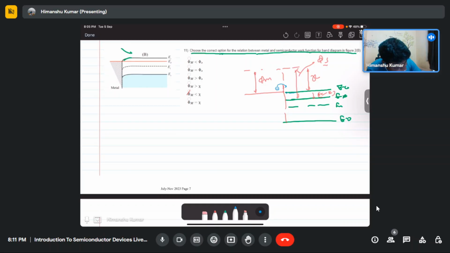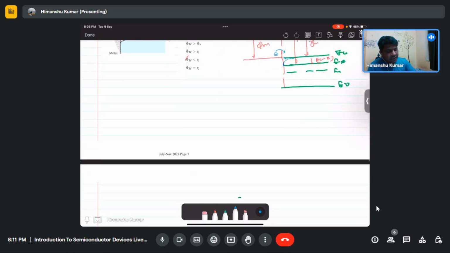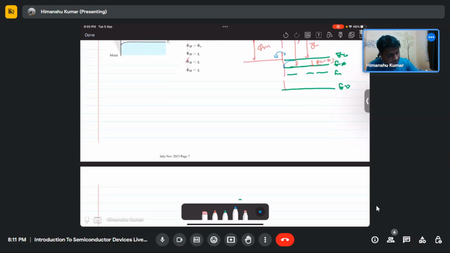The conduction band will move closer to the Fermi level. So the difference EC minus EF will become less and less, because as you populate the electrons here, EC minus EF will come down.